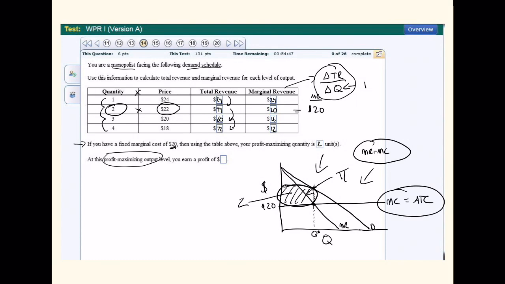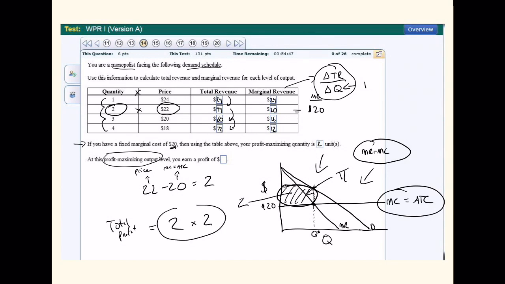So if the quantity that we're producing is 2 and we're going to be making $2 for each good, because 22 minus 20, 22 being our price and 20 being our marginal cost, which equals our average total cost, equals 2, then our total profit is going to equal 2 times 2, which is 4.